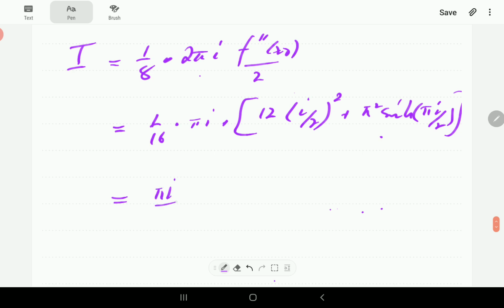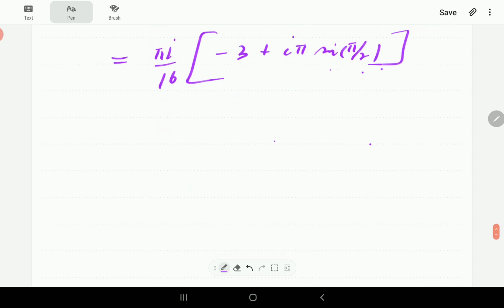It's going to be pi i over 16. i over 2 squared is going to be negative 1 over 4. 12 divided by 4 is going to be 3, so that's going to be negative 3. And then hyperbolic sine of i theta is i sine of theta, so it's going to be sine pi over 2. Sine pi over 2 is 1.